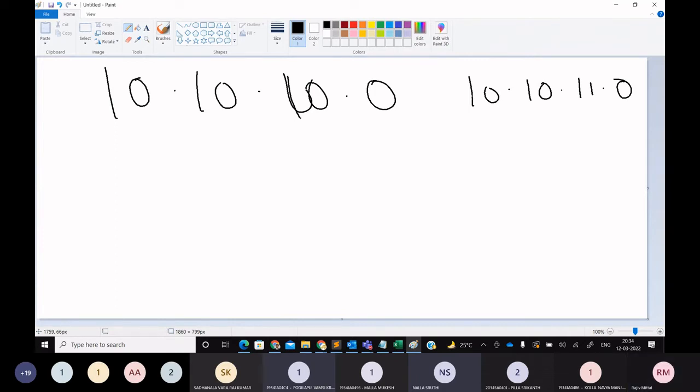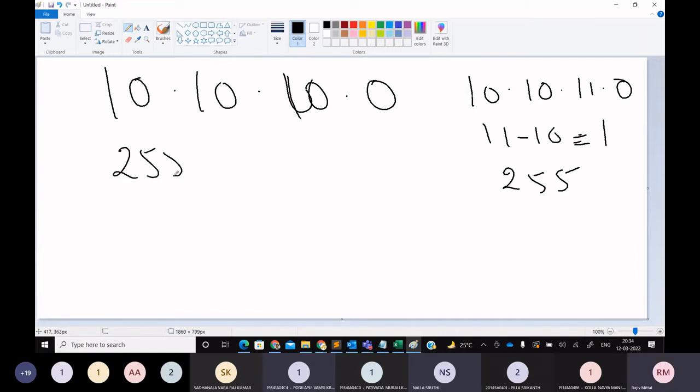You tell me what the next step I have to write. 11 minus 10 equals 1, right? So 1 means what? Next step is 255. This becomes 255, right? So what subnet mask will come here? 255. Okay.